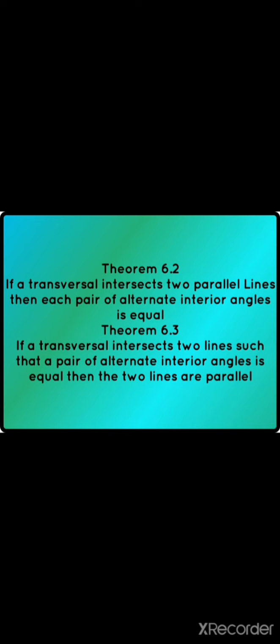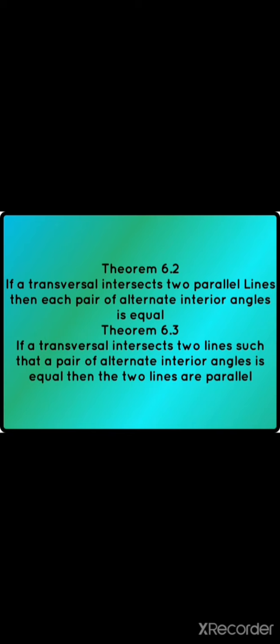If a transversal intersects 2 parallel lines, then each pair of alternate interior angles is equal. That means alternate interior angles are always equal. Theorem 6.3 is the converse of 6.2.